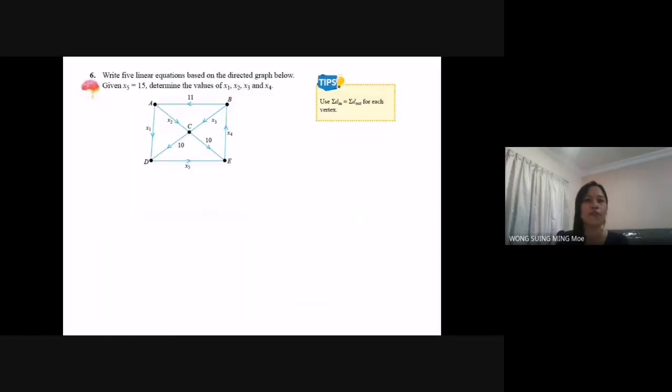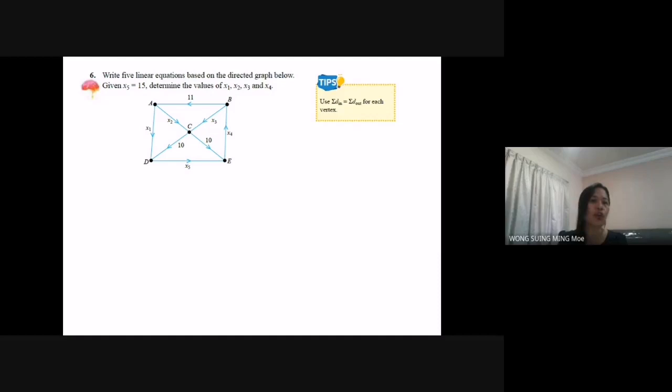Okay, write 5 linear equations based on the directed graph below. Given S5 equal to 15, determine the value of S1, S2, S3, and S4. This question looks quite new for us, right? Okay, so here is one tip. Use sum of degree in equal to sum of degree out for each of the vertex.